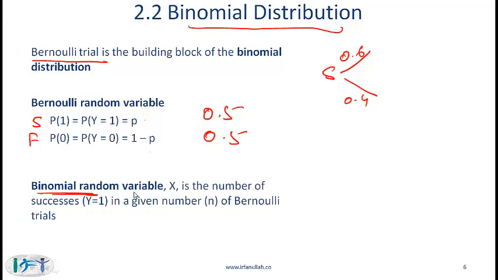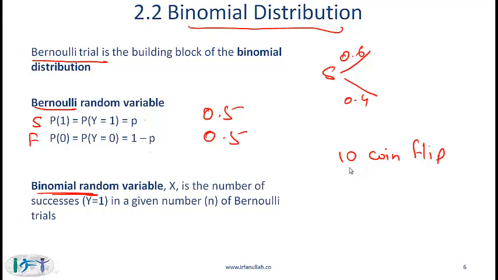Let us now understand the binomial random variable. A simple way of looking at a binomial random variable is that it is a combination of Bernoullis, and when we combine the Bernoullis, let's say that we do 10 coin flips. Each coin flip is a Bernoulli. The question now is how many successes.